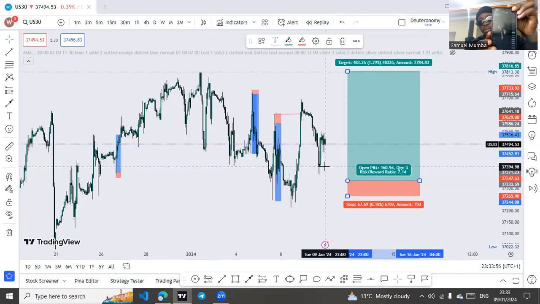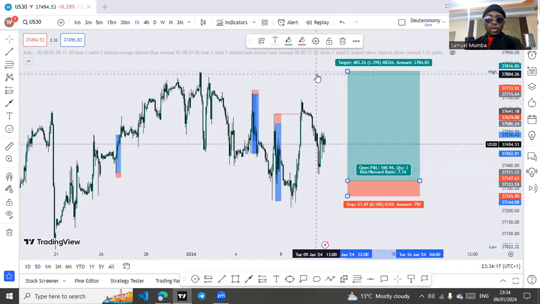I don't know if we can be able to see the, okay, let me do this. I think you can be able to see the sniper entry there. Yes, that's US 30. I'm in this trade. So if you're going to watch this video tomorrow, please get into the trade with me and let's hold US 30. So this is the video I wanted to record, guys.